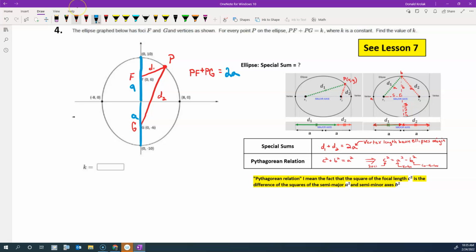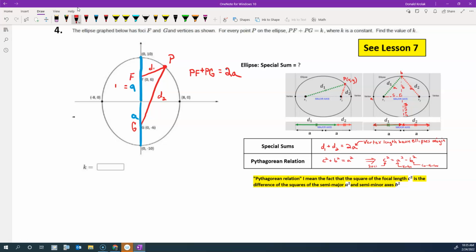So they've got to add up to, in this case, 2a is equal to, what's this going to equal? We know this is 2a, and, well, let's put 2a there. How long is 2a? What's a in this case?